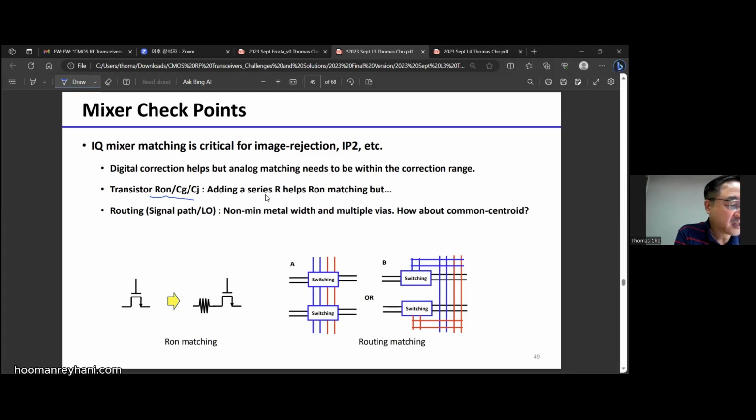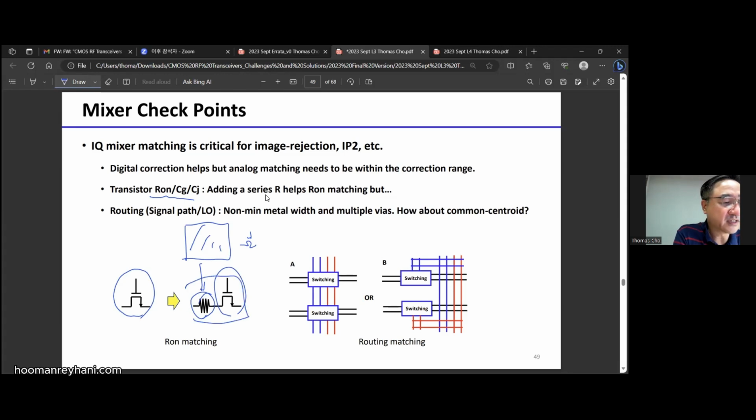So in some cases, instead of just using a transistor, you put a series resistance with it, because usually this is a poly resistor, right? And it has a much bigger dimension than the transistor. Also, a resistor is a very simple component, so it has much better component matching than the transistor.